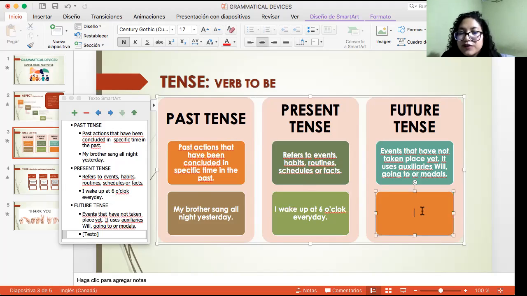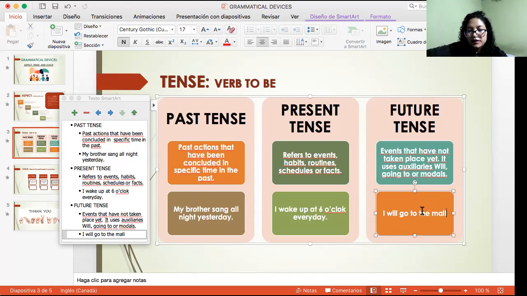And the future tense talks about the events that have not taken place yet. It needs to use auxiliaries, will, going to, or modals. For example, I will go to the mall.